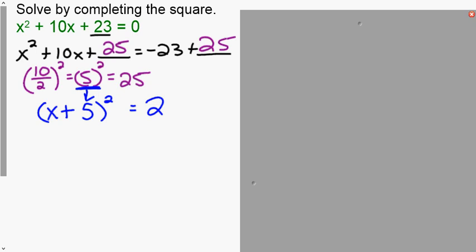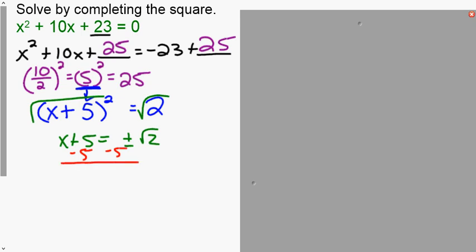This is what we were doing back in section 2. So there's nothing on the outside, so we're going to square root both sides, and we get x plus 5 equals plus or minus the square root of 2. Subtract the 5 to get x by itself, and we get x equals negative 5 plus or minus the square root of 2.